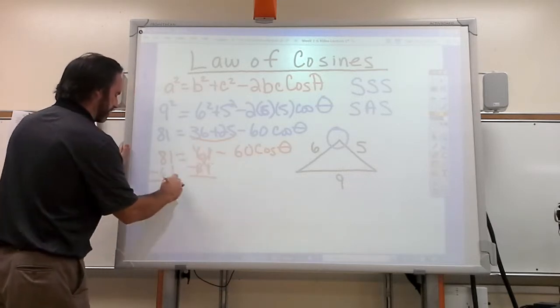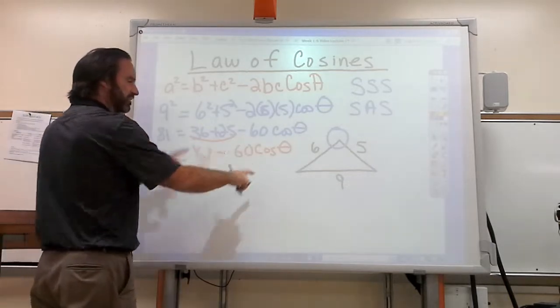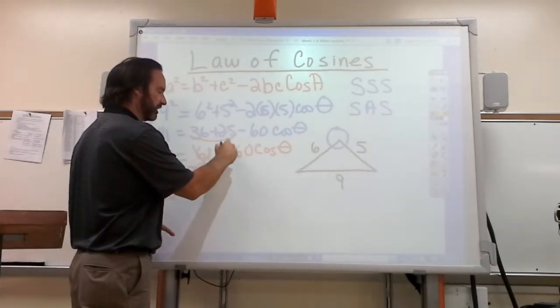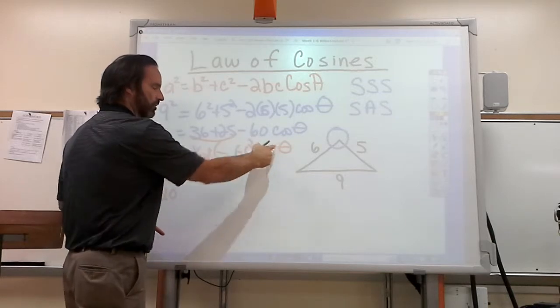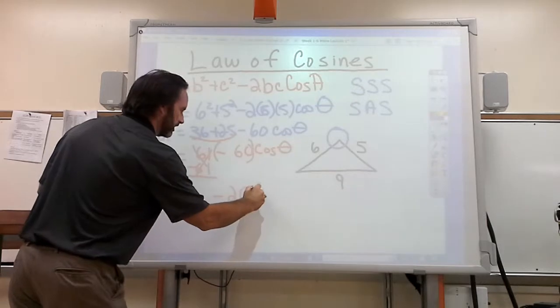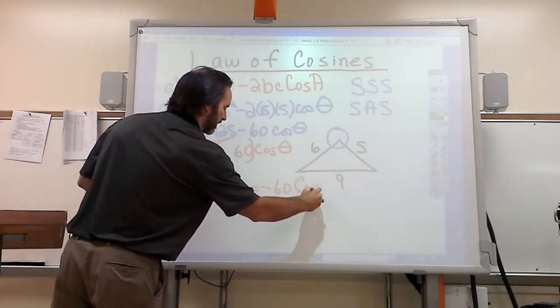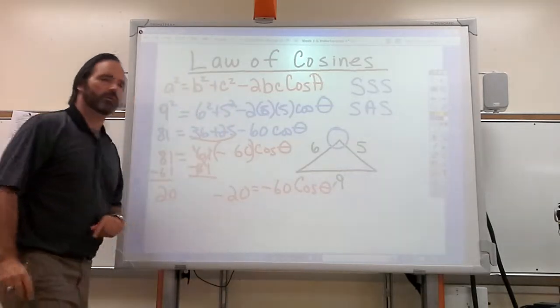The 61 is gone, and we get 20. Now we're left with these two factors: negative 60 times cosine theta. So negative 20 equals negative 60 times the cosine of theta.